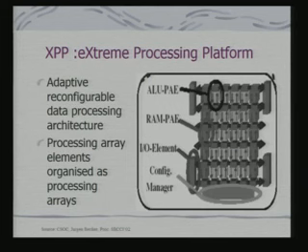This is an example of the XPP, the extreme processing platform. I have just shown the extreme processing platform part. This would be interfaced with a microcontroller core by a semiconductor designer. It has an array of ALUs, and each ALU has its own RAM, and it has a set of IO elements.